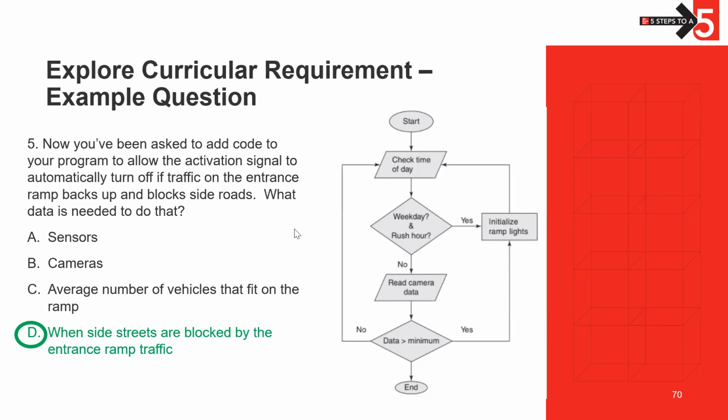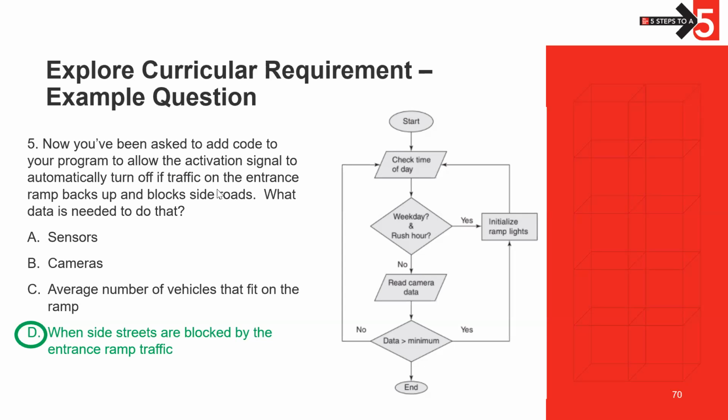And the correct answer here is D. Okay, so the data, you've got to remember, and they always seem to work this in there somewhere. Sensors and cameras by themselves are not data. They are devices that provide data. So if they just have that without any specific data related to them, those are not the correct answers.